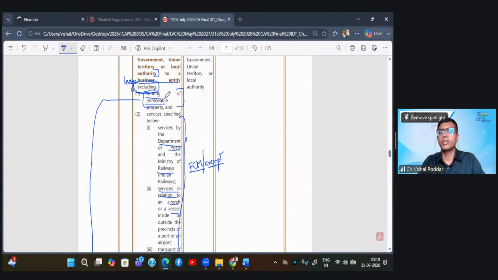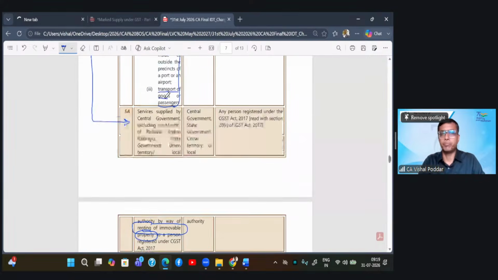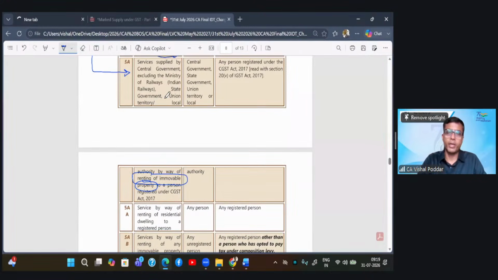Point one, this service is excluded from RCM, but it is excluded from this entry because they want to cover it separately. Now, separately, what they have done that whenever the government is providing renting of immovable property services, then the tax under RCM would apply only when the recipient is a registered person. So if recipient is unregistered, then tax under RCM will not apply.